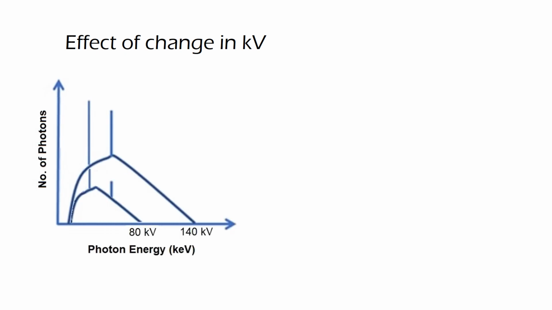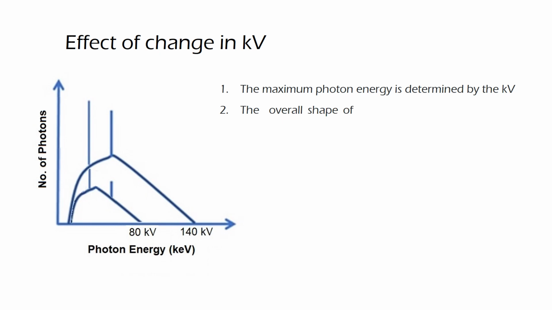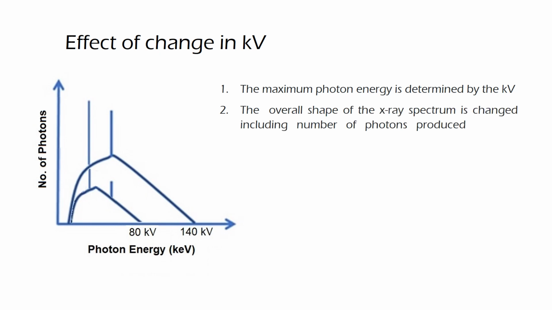In this example, we can see the effect of changing the keV from 80 keV to 140 keV on the X-ray spectrum. Here we can see that the maximum photon energy is determined by the keV. The overall shape of the X-ray spectrum is changed, including the number of photons produced at each energy.